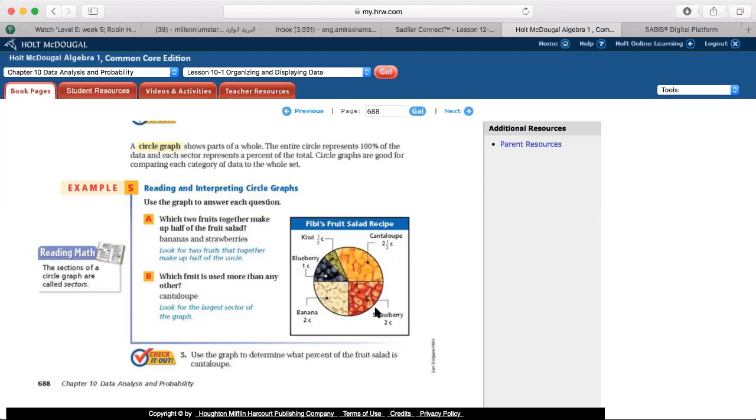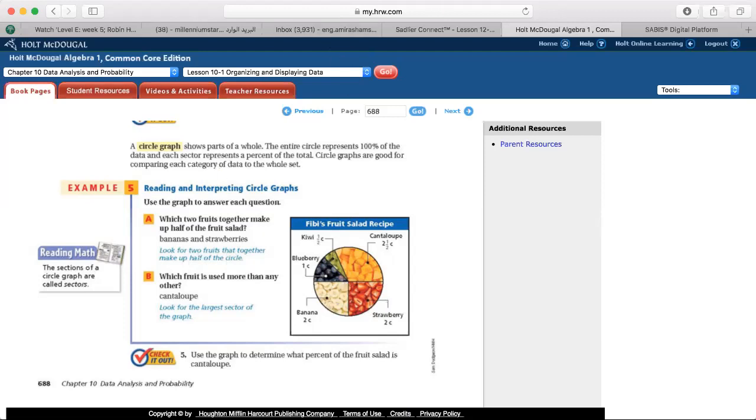So I'm searching for two sectors that make half of it. Look for the two fruits that together make up half of the circle. Is it the cantaloupe and the strawberry? No. Is it the blueberry and the banana? No, they are not complete.